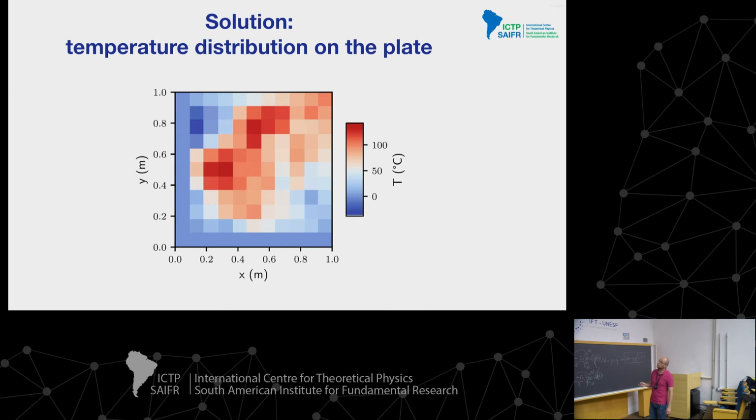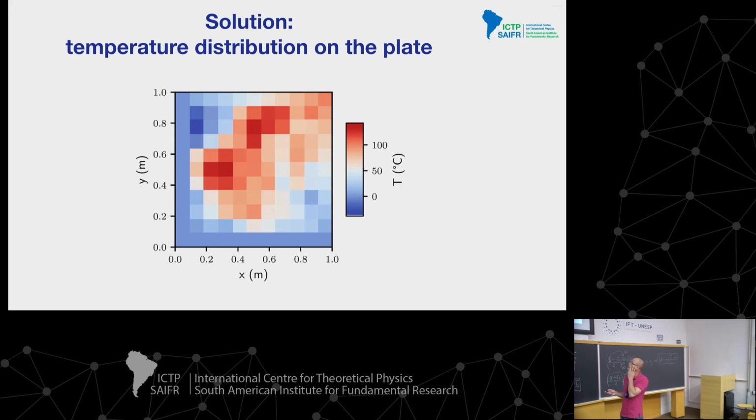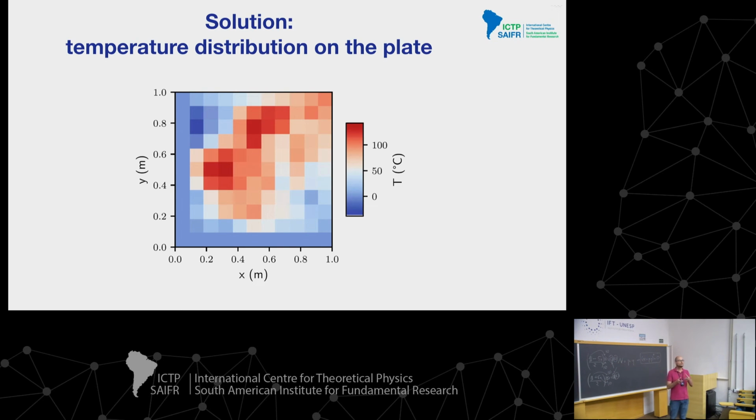So at the end, what do you get? We get this profile of temperature distribution for our example. So the final message: we obtain the solution of this practical problem, although very small, because this is important for industry.